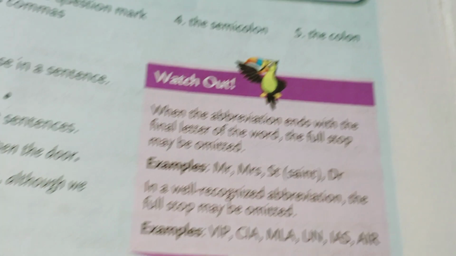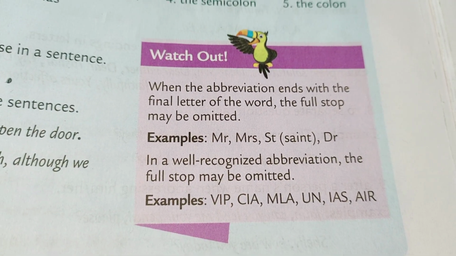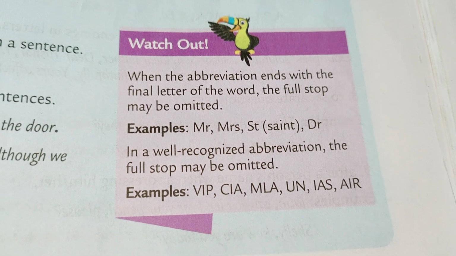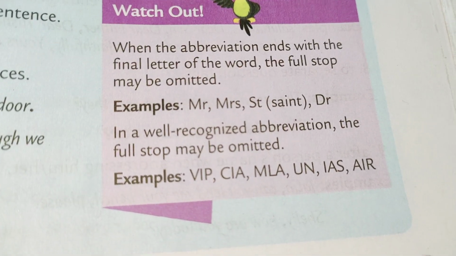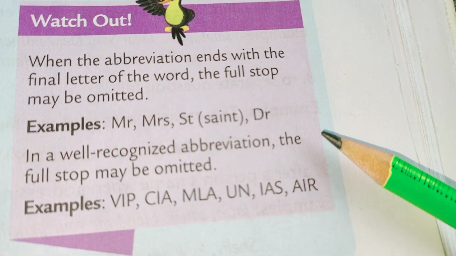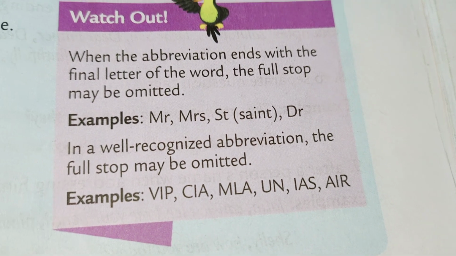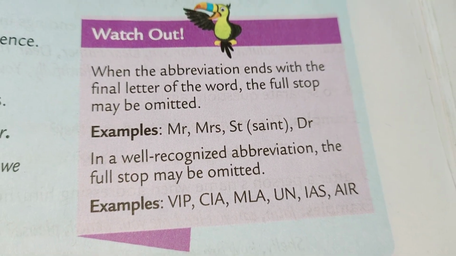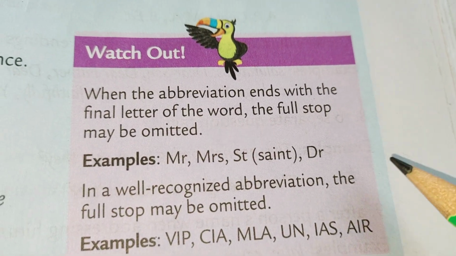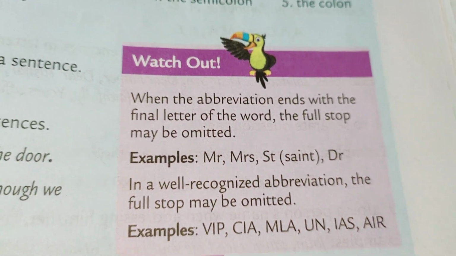Now, we all need to just quickly read this. When the abbreviations end with the final letter of the word, the full stop may be omitted. Like if you see here, Dr. is actually for doctor. So if you see the spelling of doctor is D-O-C-T-O-R. So this abbreviation is actually ending with the last letter of the word.